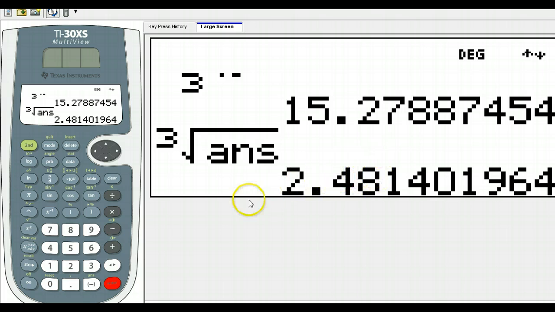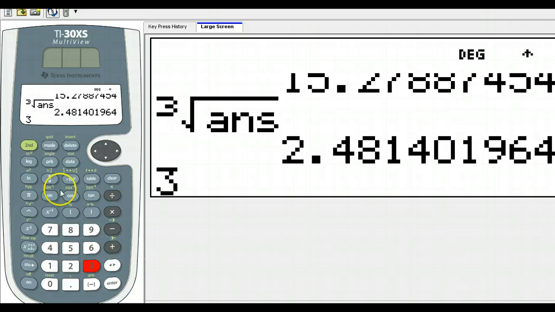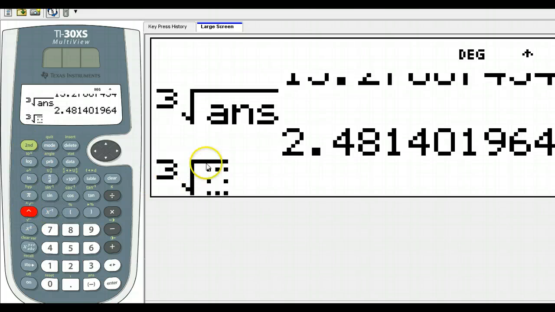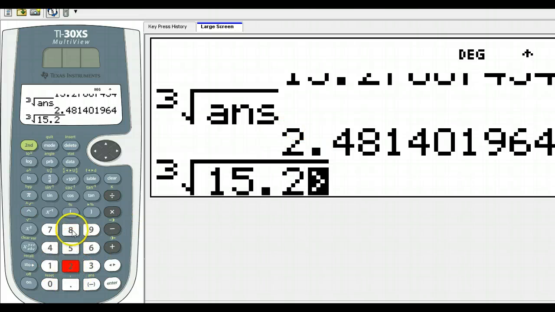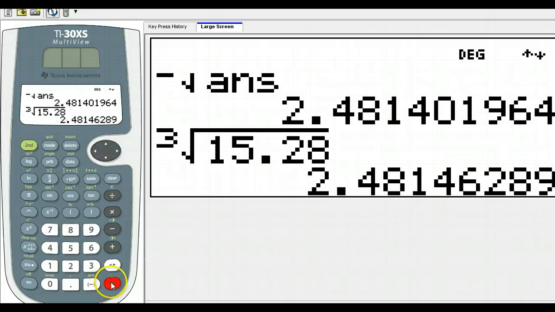So let's see how close this is if I had just typed in 15.28. Okay, so let's do that again. Remember, if I type 3, and then if I do second caret, I've got my cube root. This time I'm going to try typing in 15.28 so I can compare. Okay, so it's pretty daggone close.